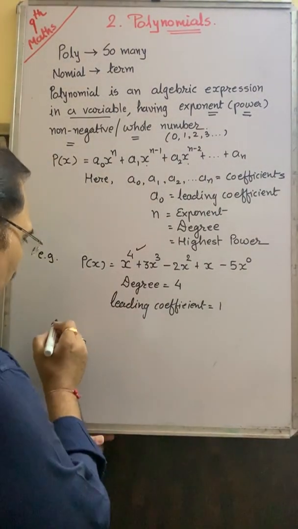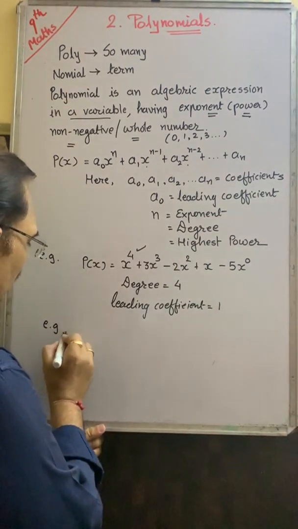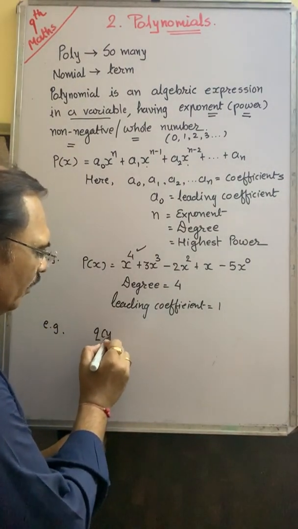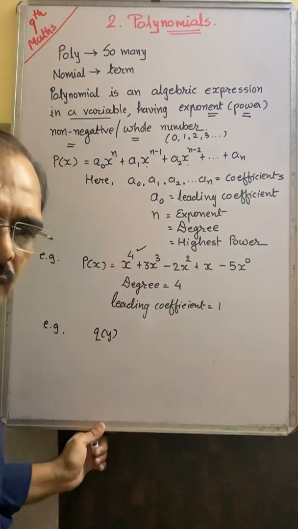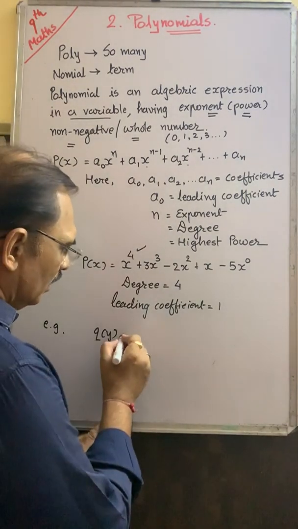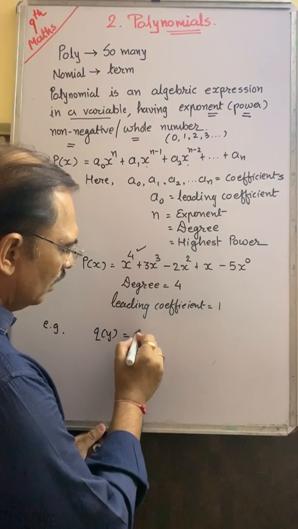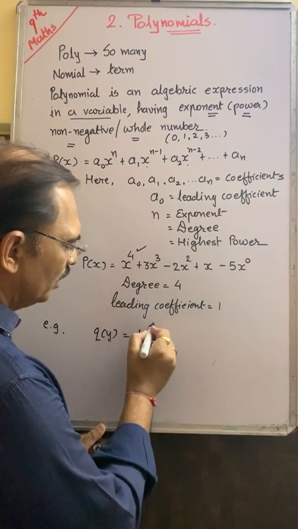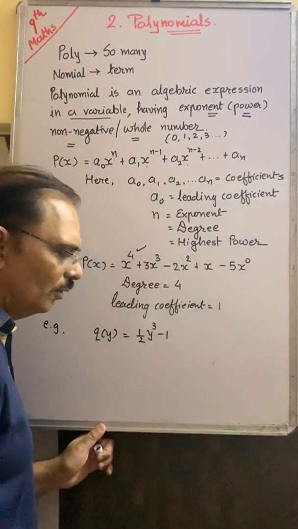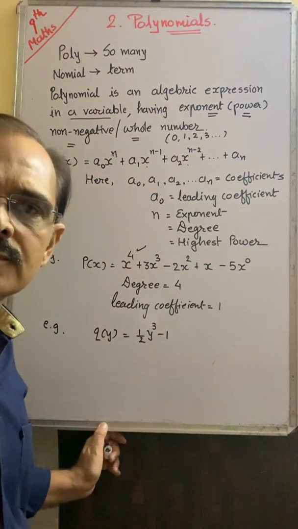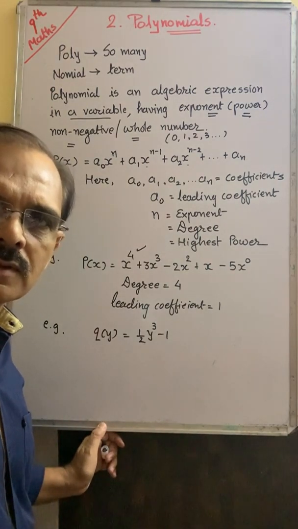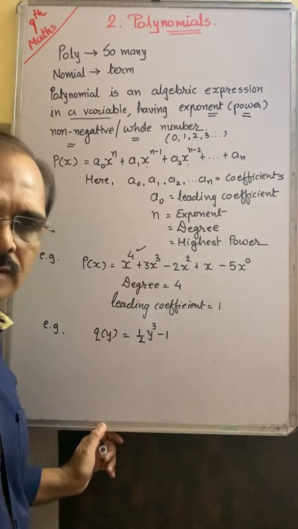As for example, again, suppose a polynomial over y, polynomial q of y, and if you write that half y raised to 3 minus 1, then whether it is a polynomial or not, can you judge? Yes, it is a polynomial.